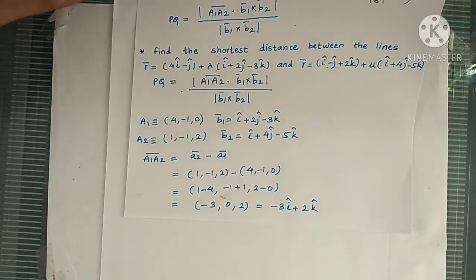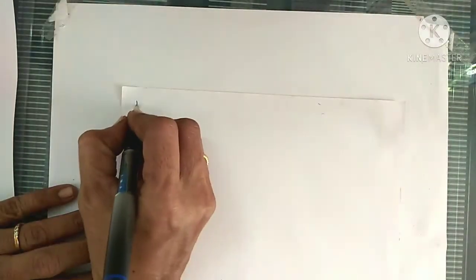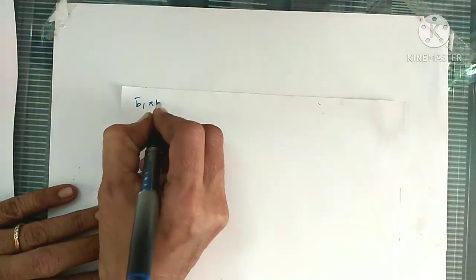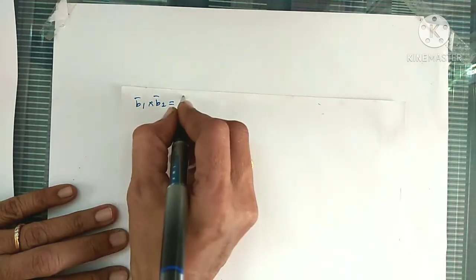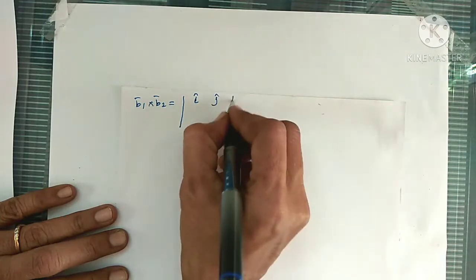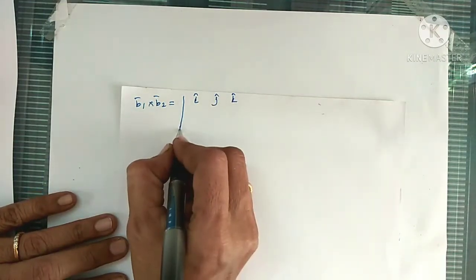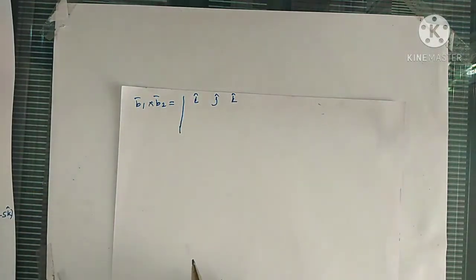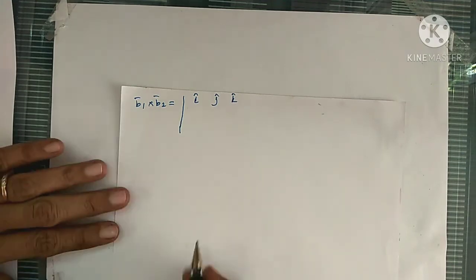Okay. Now let's find out B1 bar cross B2 bar. So B1 bar cross B2 bar is determinant, first row i cap, j cap, k cap. Now coefficients of i, j, k from B1 bar, those are 1, 2, minus 3.